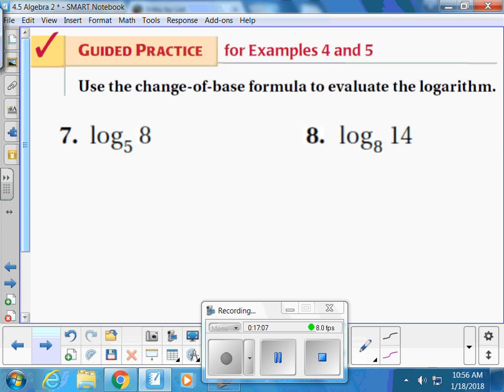Does that make sense? So let's try one more using the change of base formula, which means you're not using your special log button. You're using the normal log button. How would we type this one in?